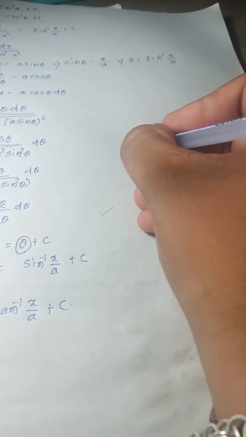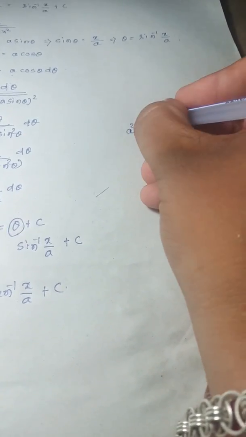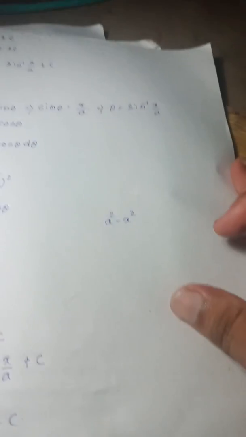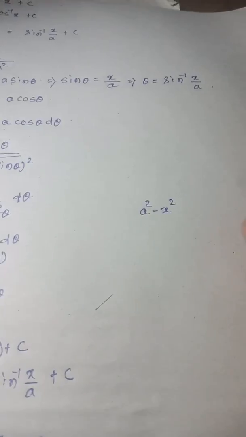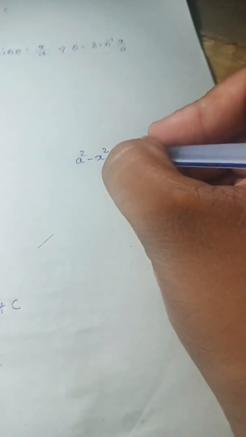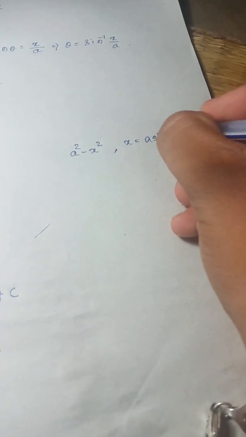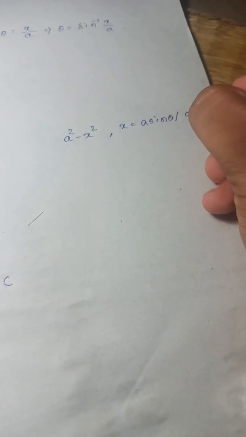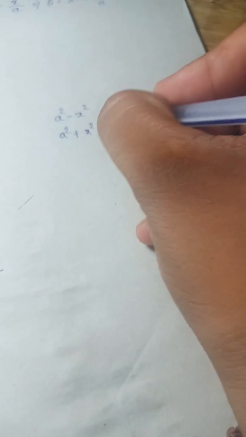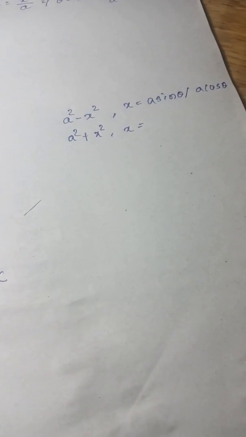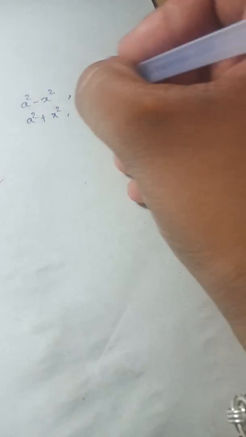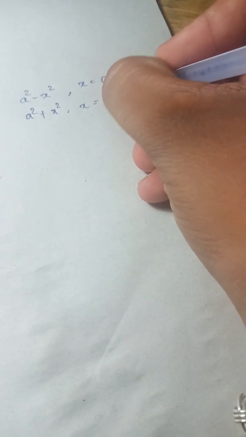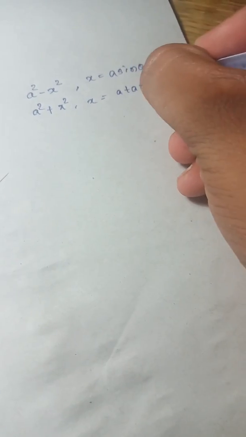In any question, if there is a term a square minus x square, blindly put x is equal to a sin theta or a cos theta. If in any question a square plus x square is given and you are unable to solve the question by any method, then blindly put x is equal to a tan theta, or else a cot theta.